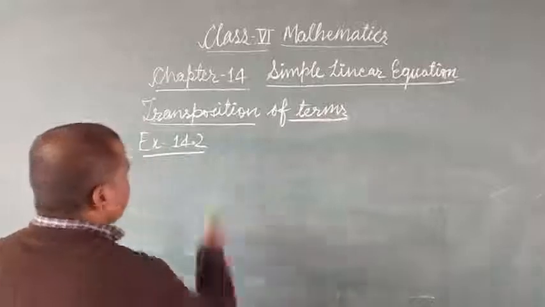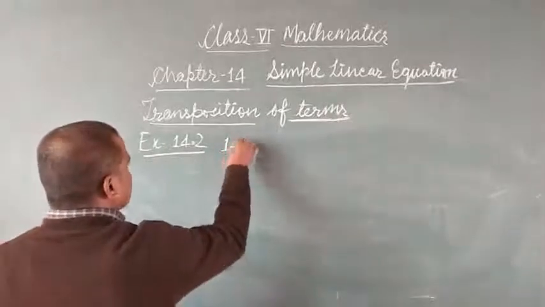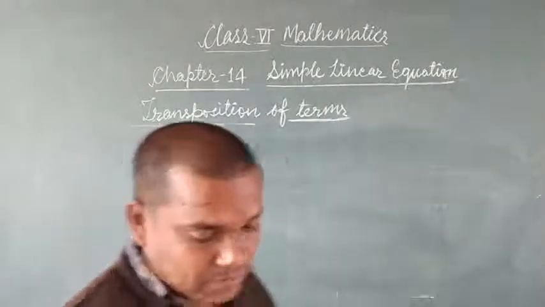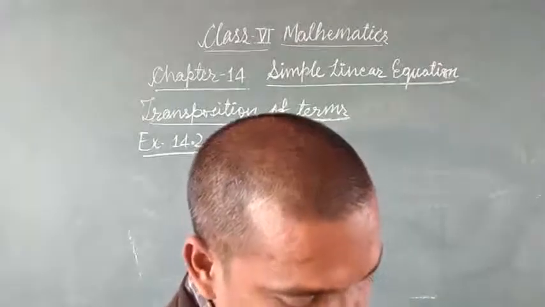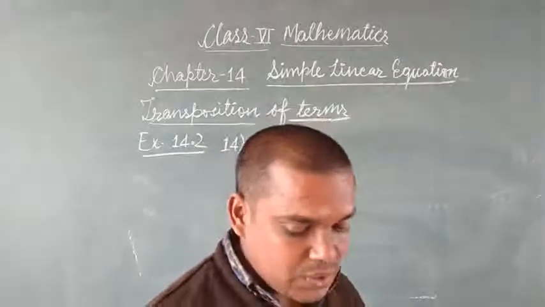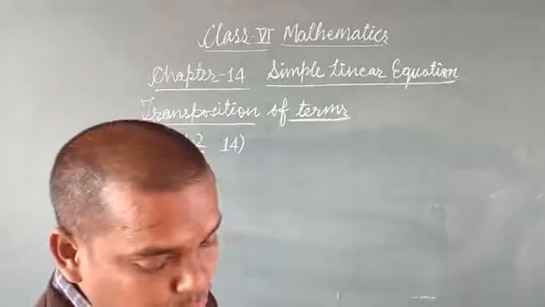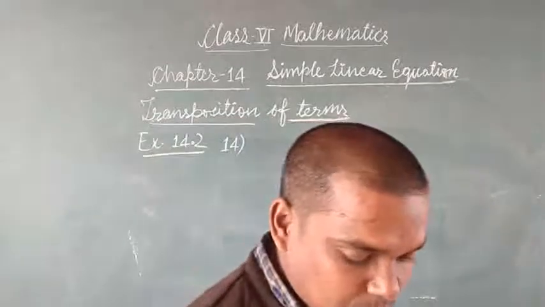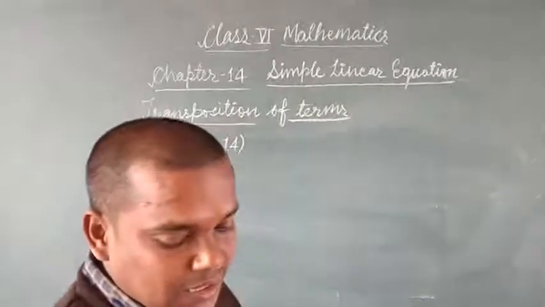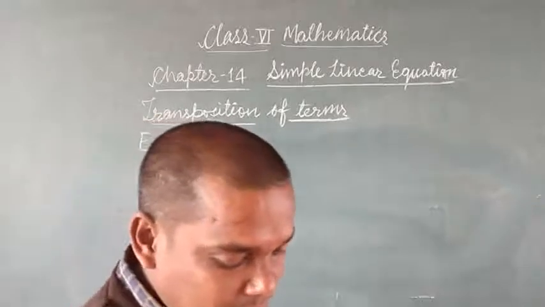Question number 14. We have the equation 2 into x minus 1 plus 2 into x plus 2 is equal to 3 into x plus 3.